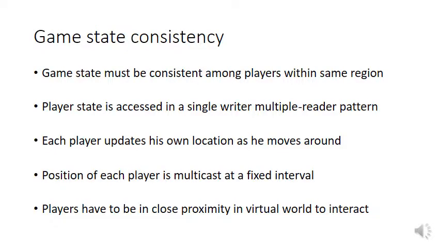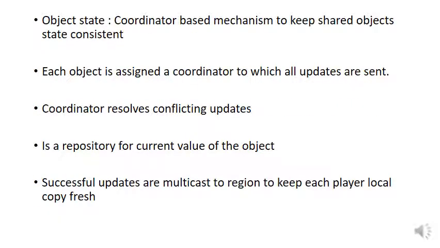Next, we have the object state. This is a coordinator-based mechanism to keep the shared object state consistent. Each object is assigned a coordinator to which all updates are sent. An object could be anything in the game, and we use the same strategy to relay the messages by multicast.